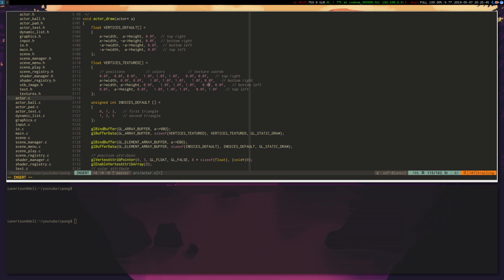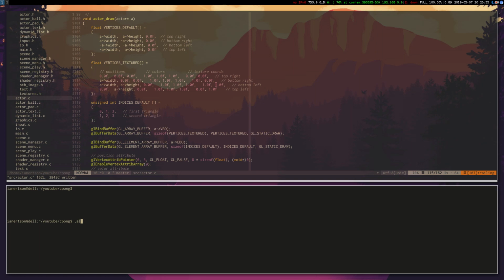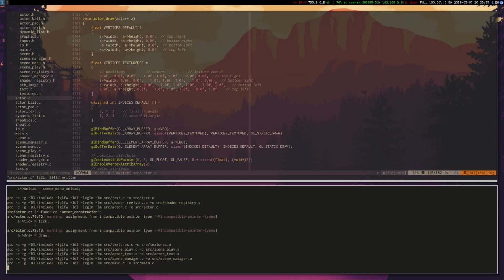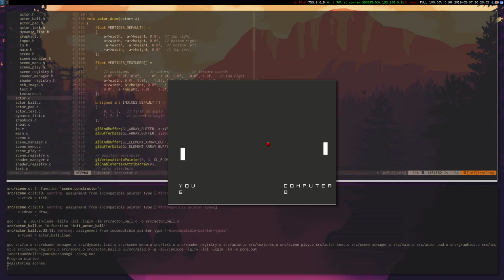That is correct. And now we're correct there. So now if we compile, things should actually look a little bit different. Our measurements are not correct now. So things are a bit smaller, I think. Yeah, things look a little bit better, like they should.